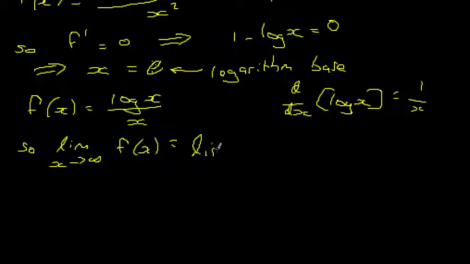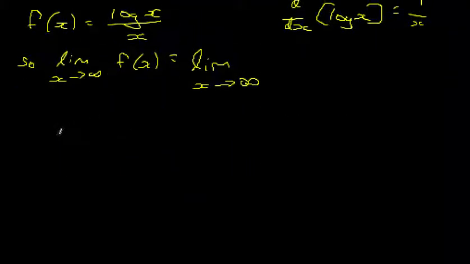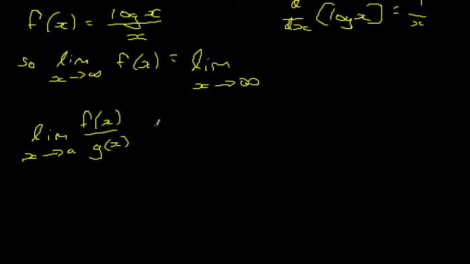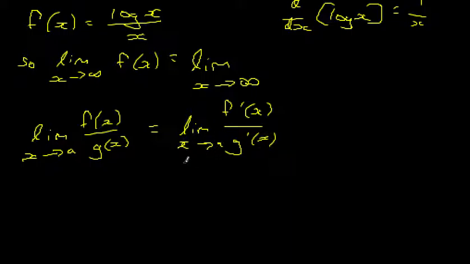Okay, so I'll write a statement of L'Hopital's briefly. The limit of f of x over g of x as x approaches some value a is equal to the limit of f prime of x over g prime of x as x approaches a, where f over g at a is indeterminate.